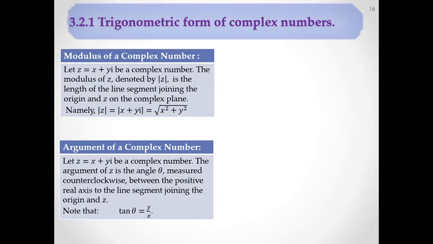Now the first thing I want to tell you is, the complex numbers, we write them as a plus bi. Now we want to put this in the complex plane.